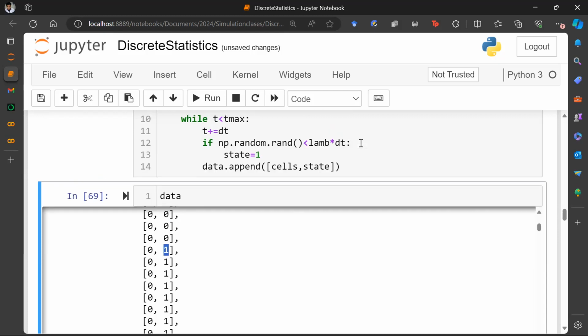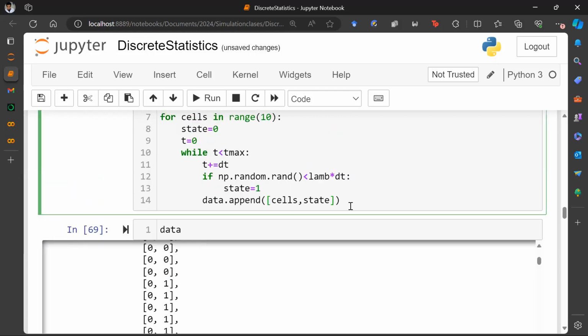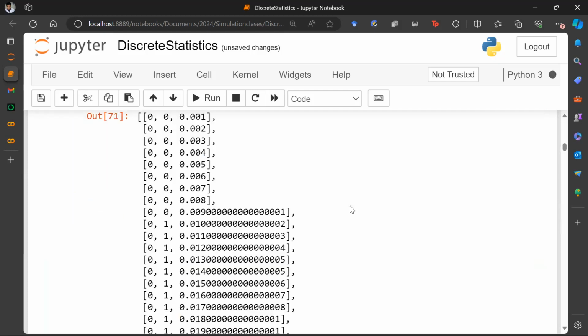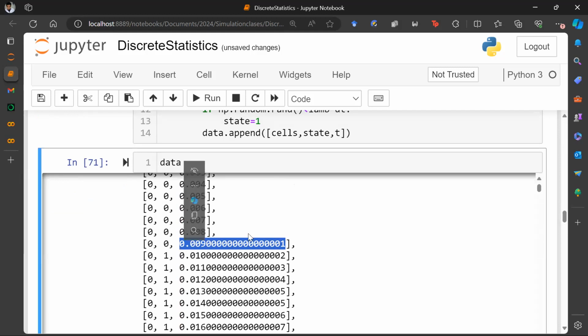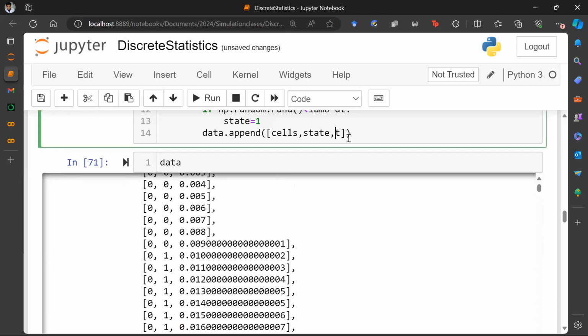That is the time. It's also missing the time, no? So I'm going to save the time here. Sorry. Run this again. Data, and you have here the time. But as you see, there's this problem of rounding.